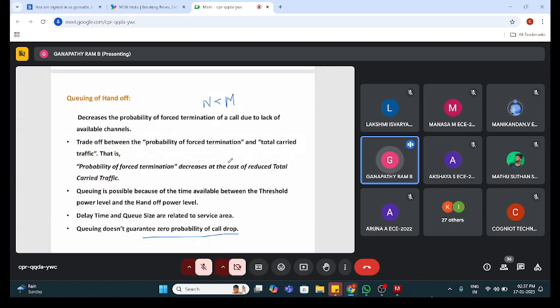While prioritizing this, the handoff request has to be queued up in order to reduce the probability of forced terminations. The number of handoff request arrivals and the number of channels really available for initiating handoffs play a vital role in it, and also other parameters.